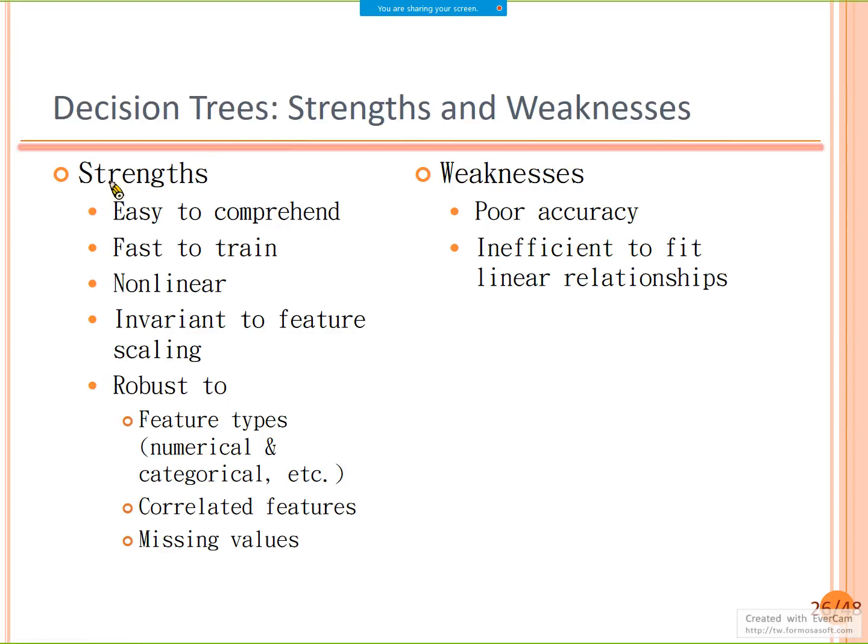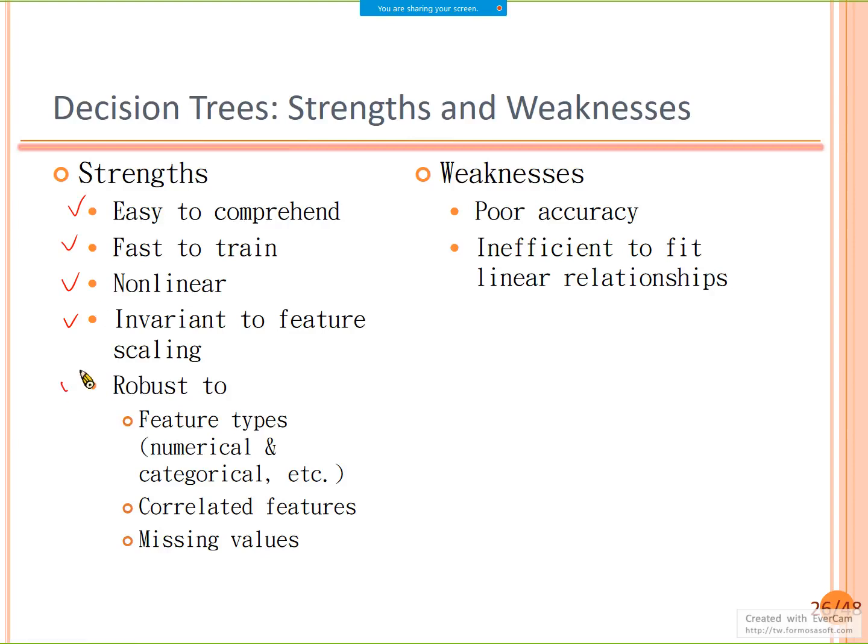The strength of the decision tree is that it is easy to comprehend. The concept is pretty simple, it is very fast to train, and it's a nonlinear model. So you can combine many decision trees to create an even more nonlinear model, which you cannot achieve by using a linear model. It's invariant to feature scaling, so you don't need to do any kind of feature normalization.